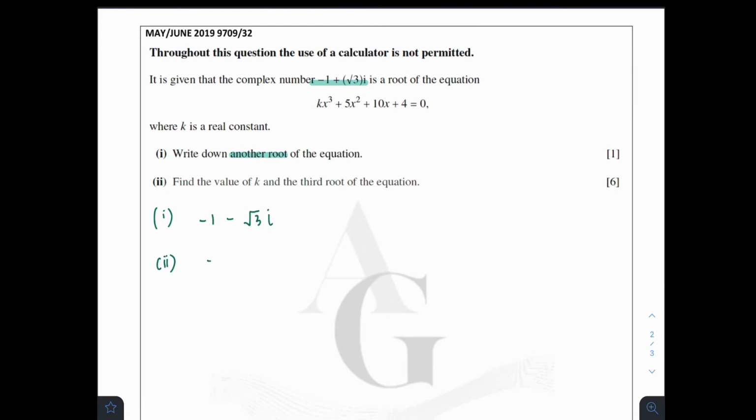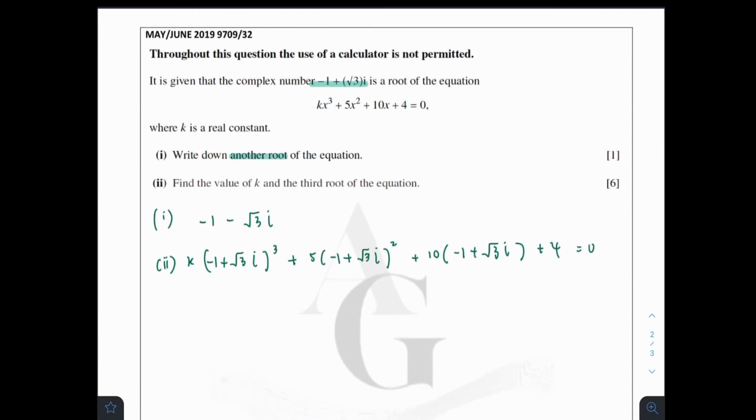Substitute negative 1 plus square root 3i into x cubed with a k in front of it, plus 5 times negative 1 plus square root 3i to the power of 2, plus 10 times negative 1 plus square root 3i, plus 4.